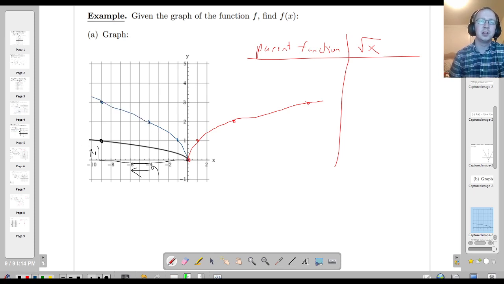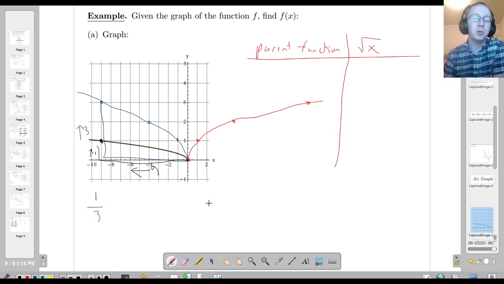So let's compare those. In the final function it went left 9, up 1. In this previous function it went left 9, up 3. So if I'm comparing those steepnesses, it's a new steepness of 1 and an old steepness of 3. So the stretch or shrink here is actually going to be 1/3.